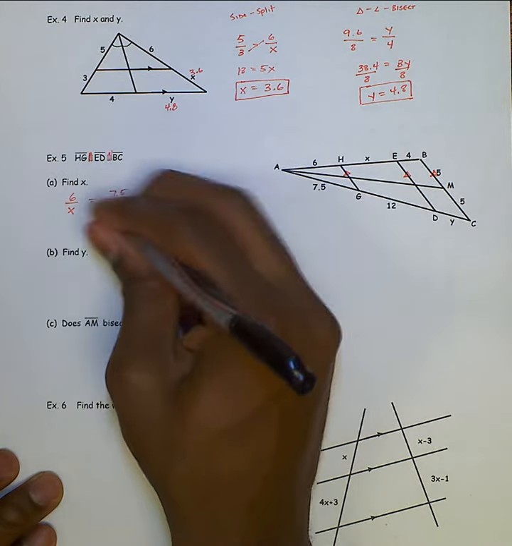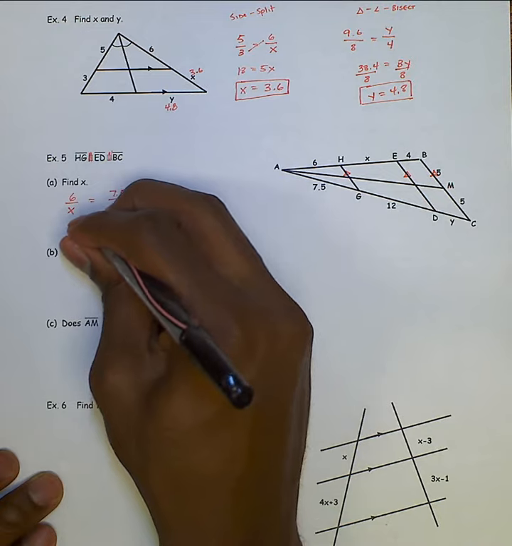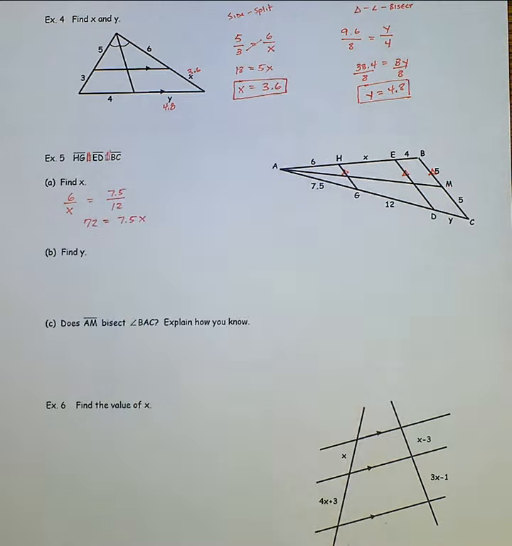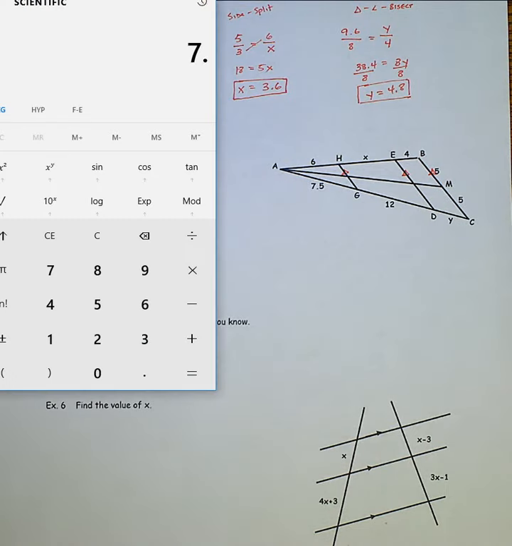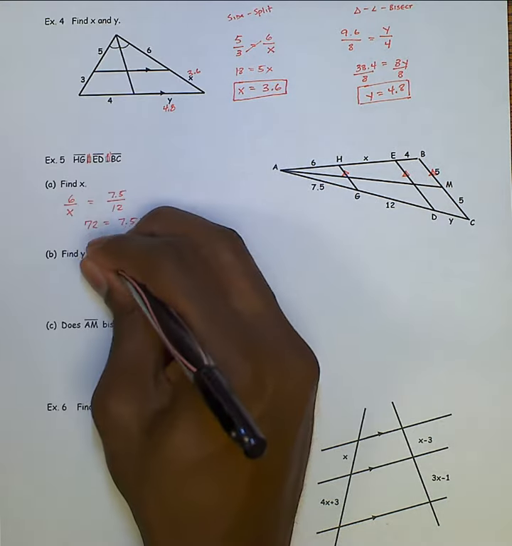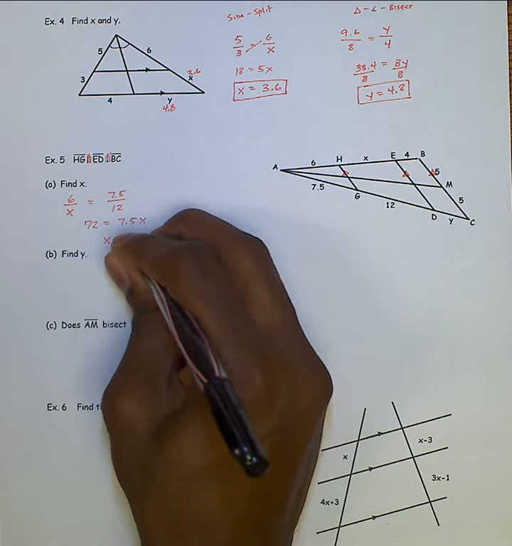Cross multiply, 72 equals 7.5x. Almost 10, but not quite. So 72 divided by 7.5 gives us 9.6. So x is 9.6.